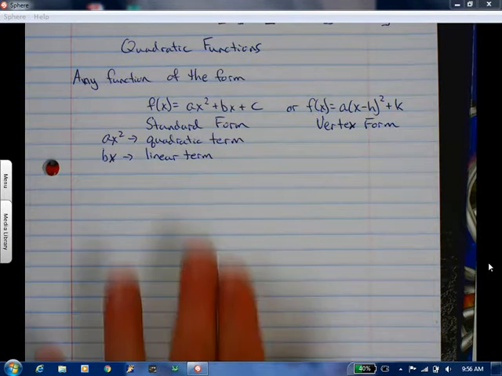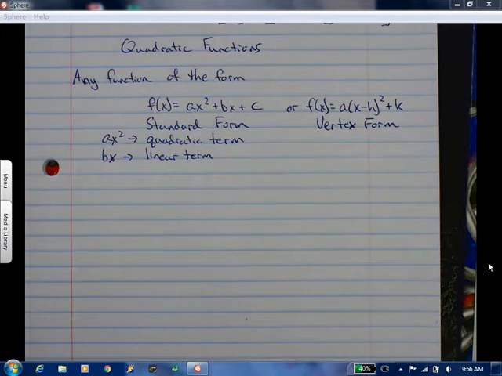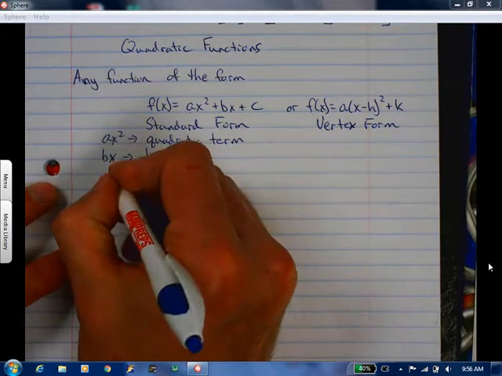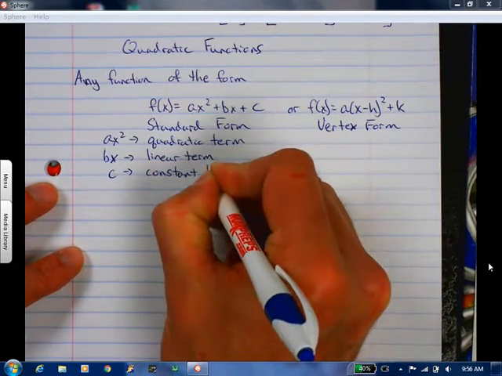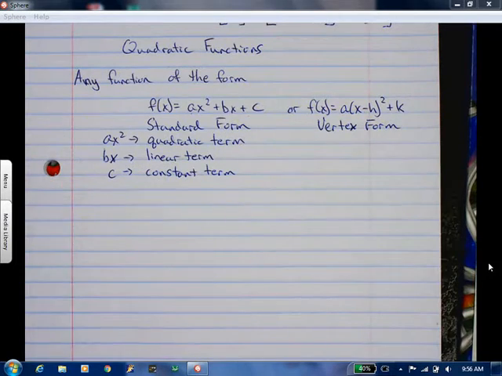And if you just have a number, the name of that type of function also starts with the c. Say it again, Logan. Constant. It's a horizontal line. So we have a quadratic term, a linear term, and a constant term.